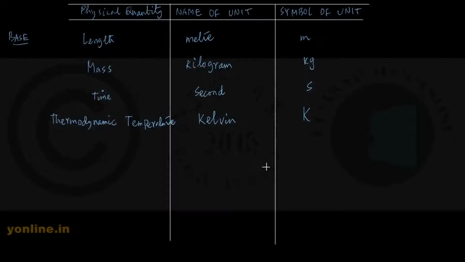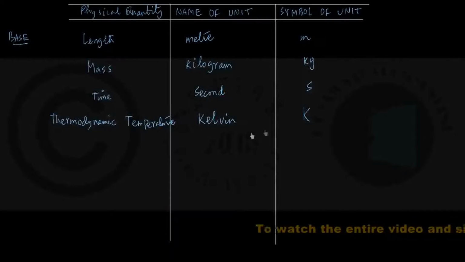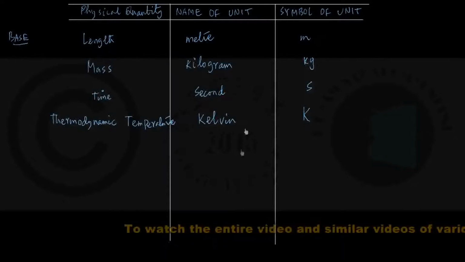I said unlike the first 3 things, meter, kilogram and second, the unit of temperature is kelvin, named after a scientist. So while the full name contains a small letter, unlike the scientist's name, the symbol contains capital letter in respect of that scientist.